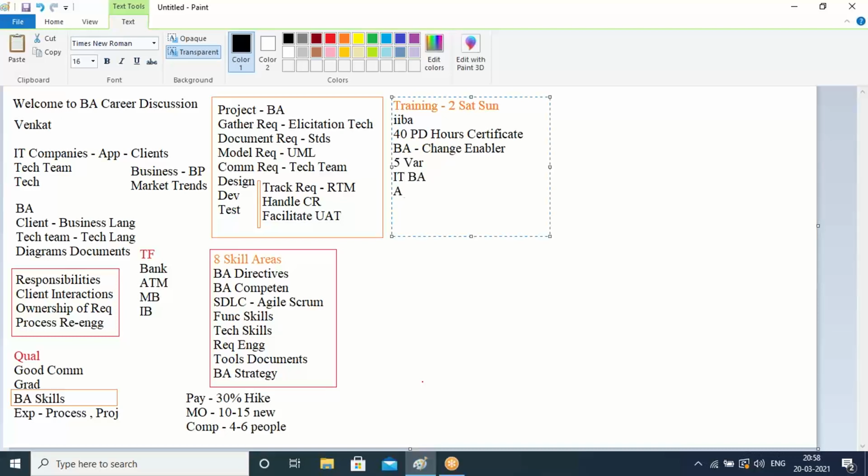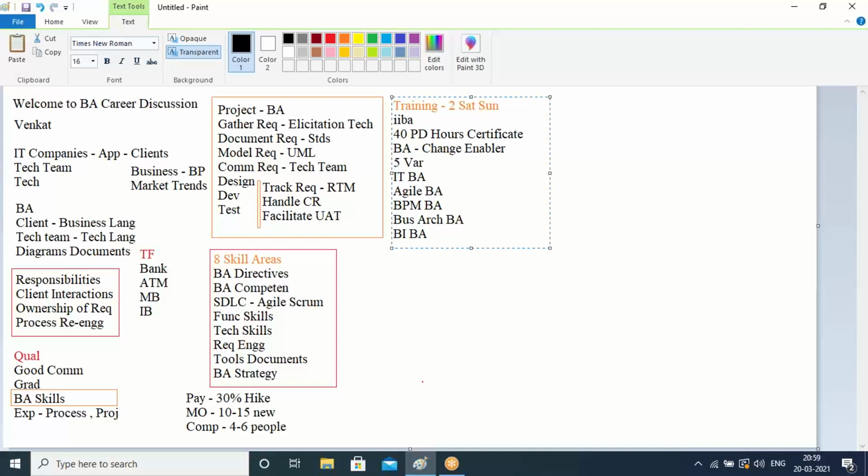Number 2, agile business analysis. Number 3, business process management business analysis. Number 4, business architecture business analysis. And the 5th one is business intelligence business analysis.